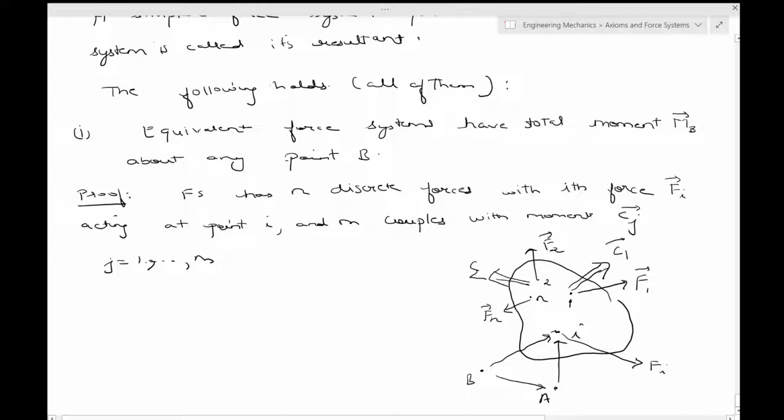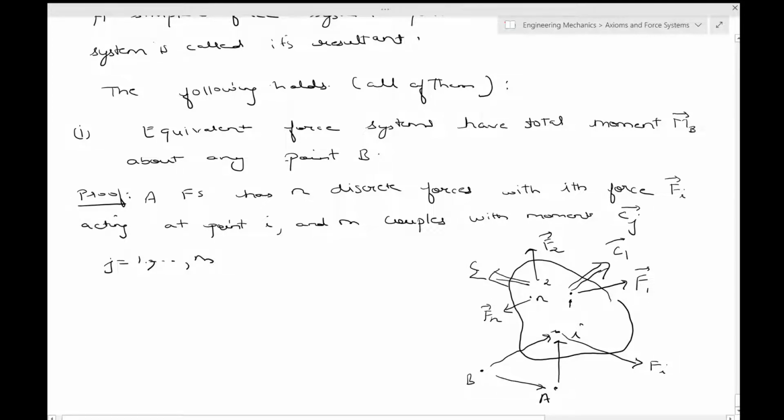So a force system has n discrete forces, F1, F2, F3, F4, Fn, acting at point I. So F1 acts at point 1, F2 acts at point 2, and Fn acts at point n.